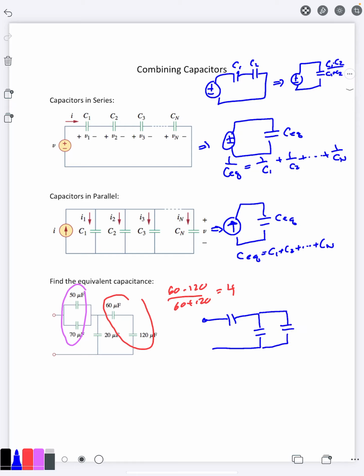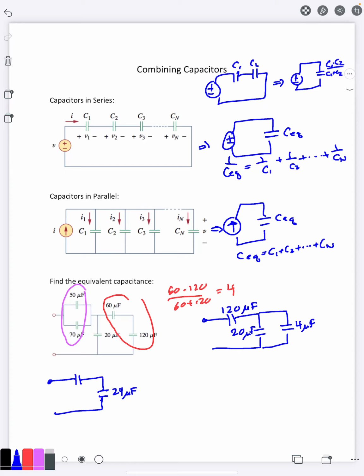the 50 and 70 makes it into a 120 microfarads. The 60 and 120 made it into a 4 microfarad. We still have the 21 here. Then we can do the 20 and the 4 that are in parallel. We're going to add those up here, making 24.